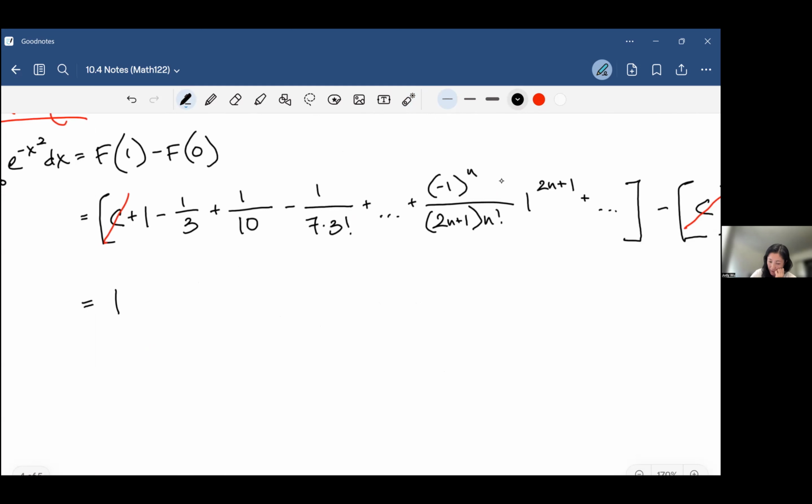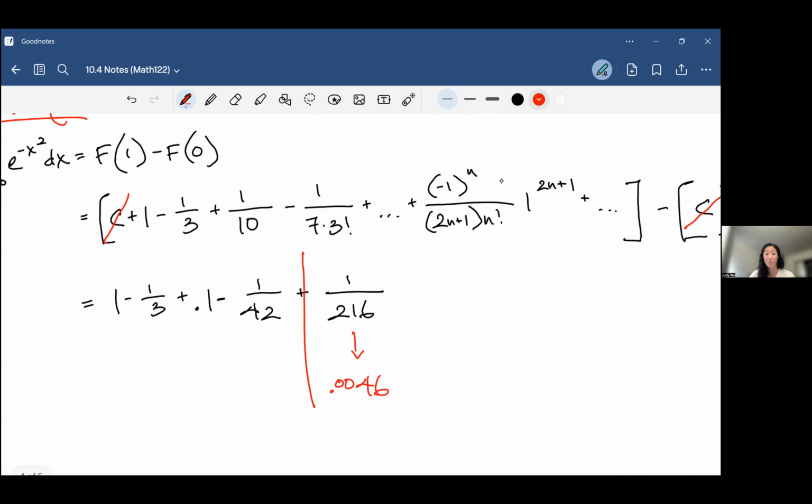I've got 1 minus 1/3 plus 0.1 minus 1 over 42. But when I do the fifth term, I'm going to get 1 over 216. If I turn this into a decimal, it becomes 0.0046, which is smaller than 0.005.